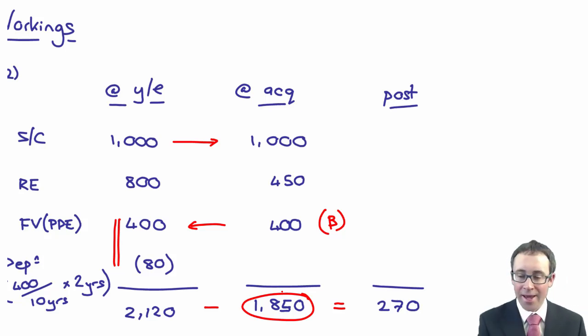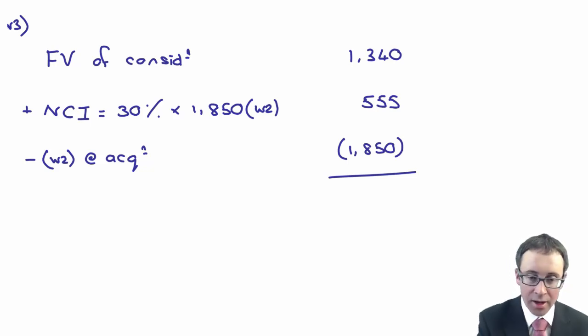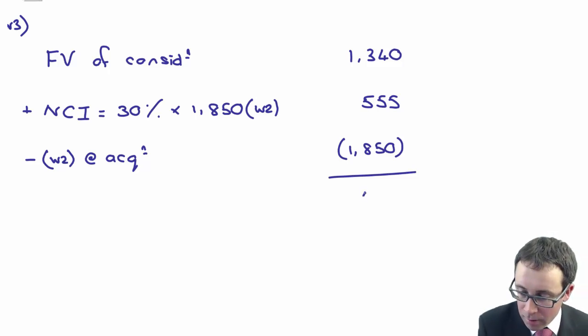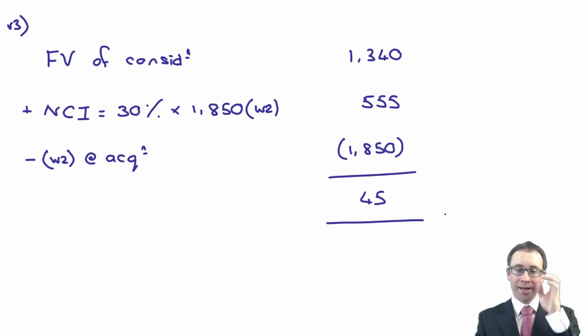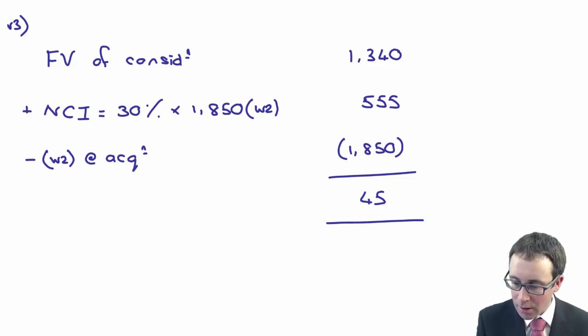Okay, the net assets at acquisition. So 1,340 plus 1,235 less 1,850 gives me there is that goodwill of 45. Okay, voila. Okay, everybody happy with that bit there? There's no impairment, keeping it nice and simple.